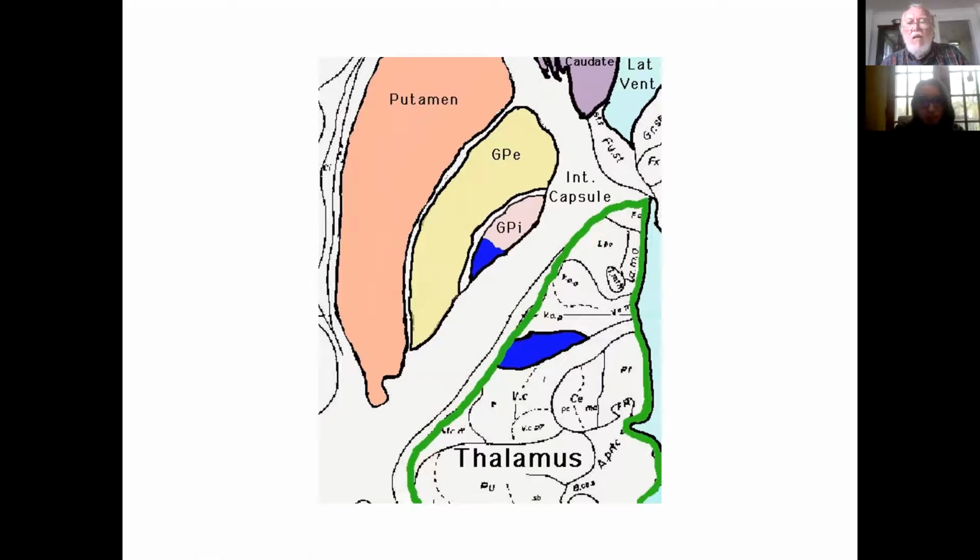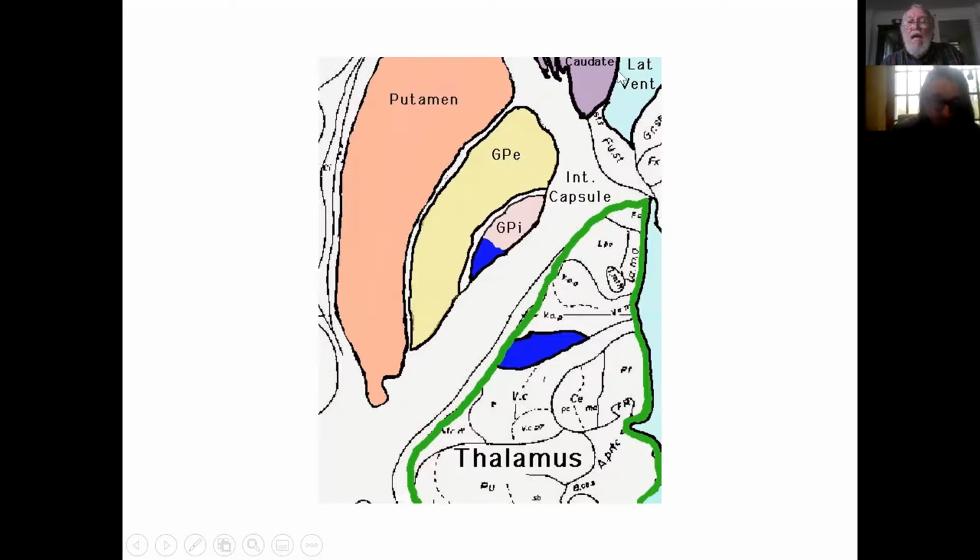And what are we doing there? What we're pairing is the putamen and the globus pallidus, and we're separating them from the caudate based on location.